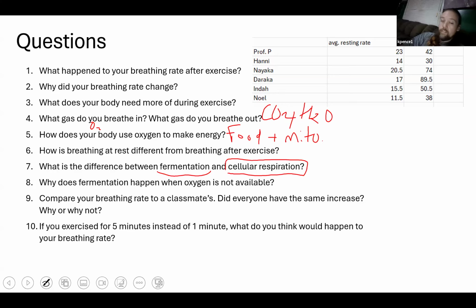With fermentation, that means no oxygen. Over here with cellular respiration, that means with oxygen.